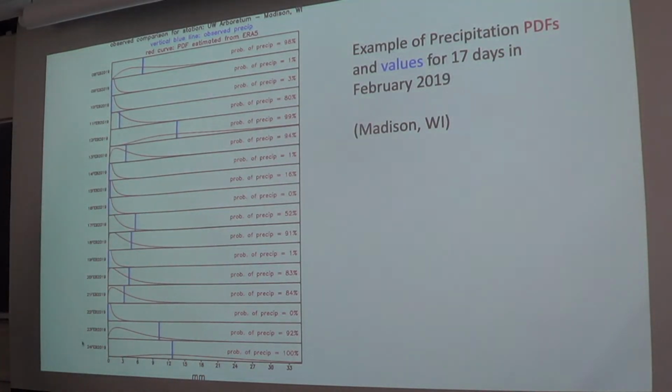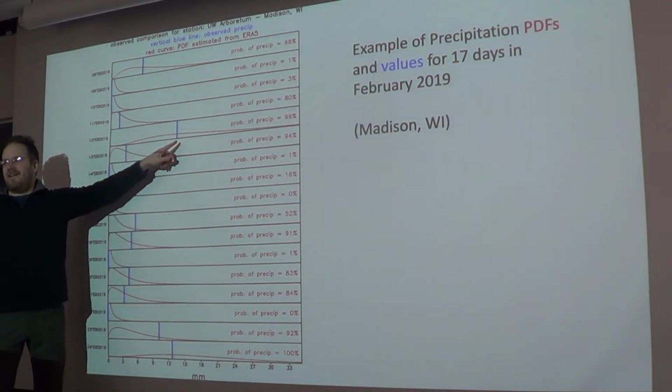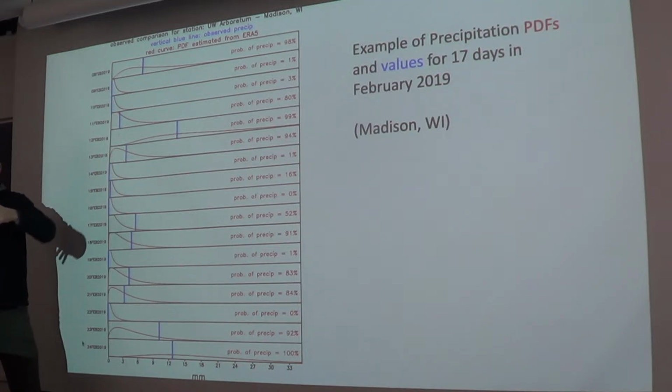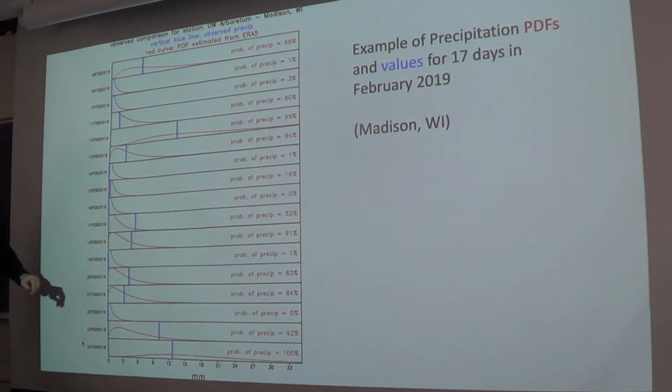You can see some elements are kind of doing the right thing here. For example, this is a very wet day, and this is a case where the PDF doesn't peak at 0, unlike the aggregate. The aggregate total PDF peaks at 0, but here it's pushed off from 0, which is sort of how it's supposed to be, although you can see it's very broad again.